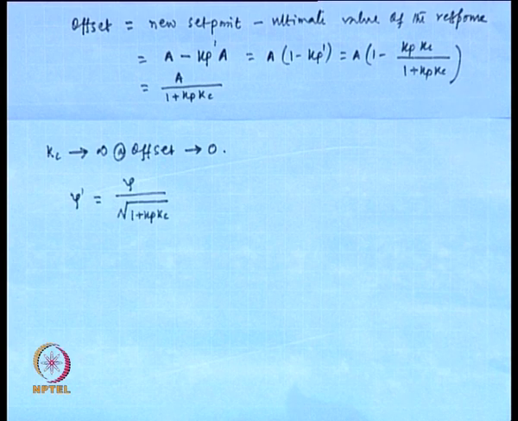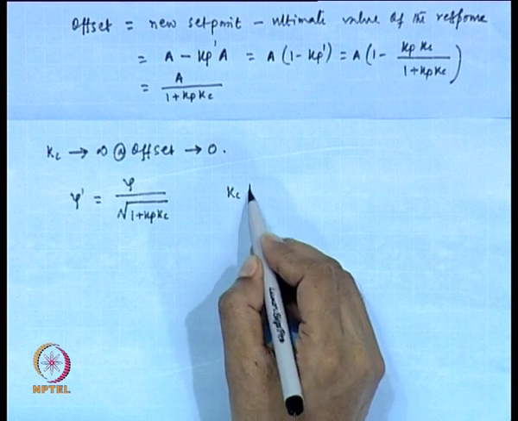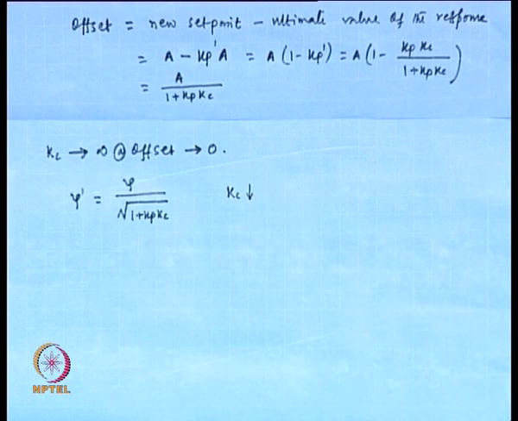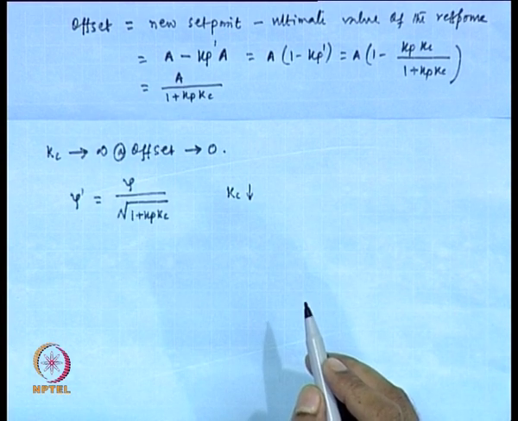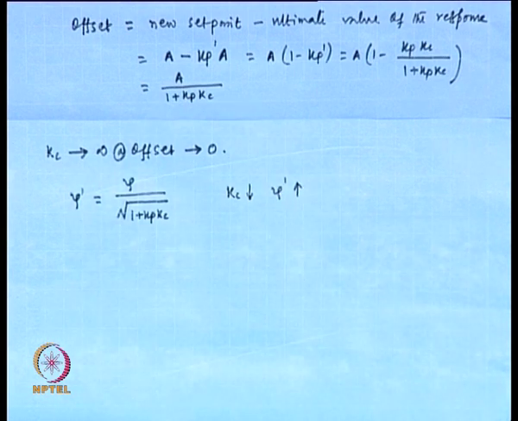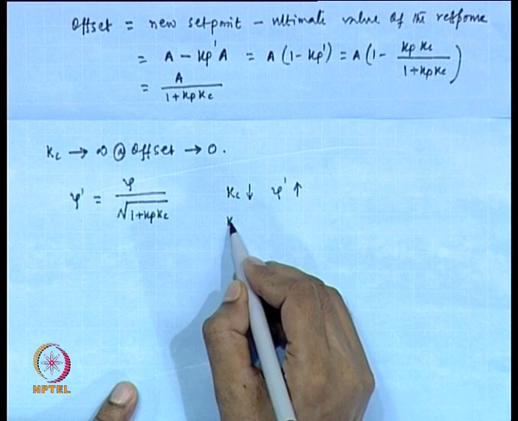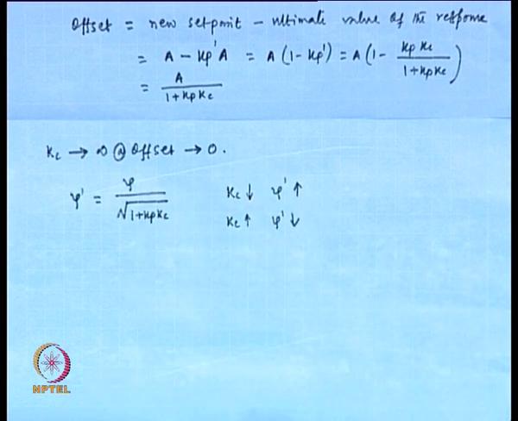So, with the decrease of Kc, zeta prime increases. Agree? So, with the increase of Kc, zeta prime decreases.